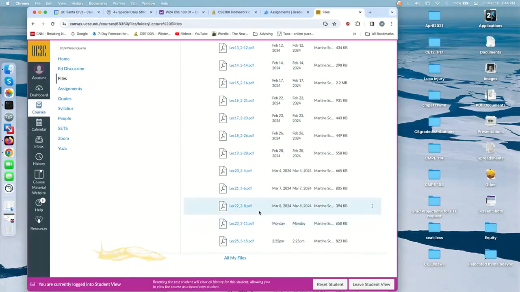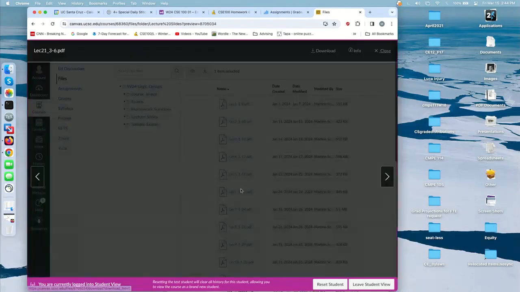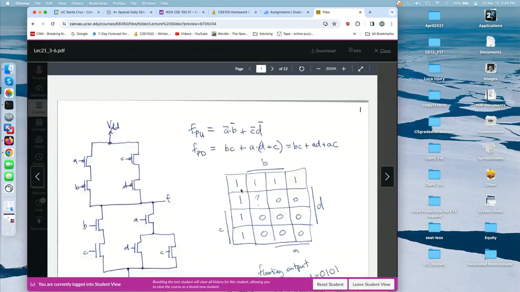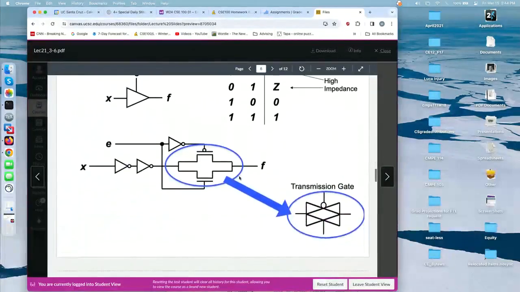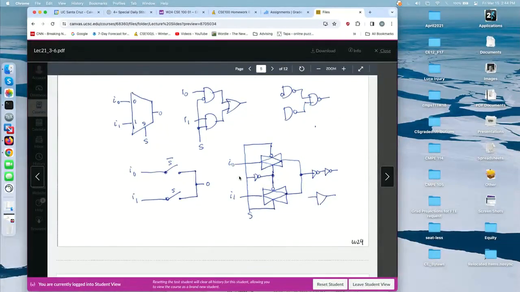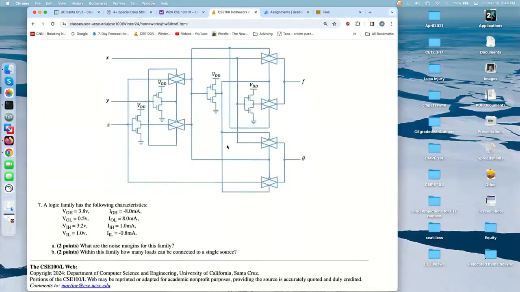Okay, so that would be 15. Okay, so if you put a multiplexer there, can you figure out what the output is? Well, so we know this is a multiplexer, right? That's an inverter. Kind of have another one here.